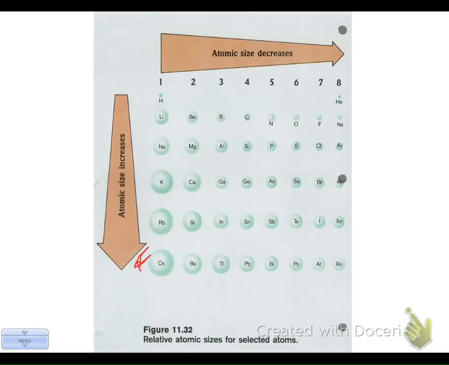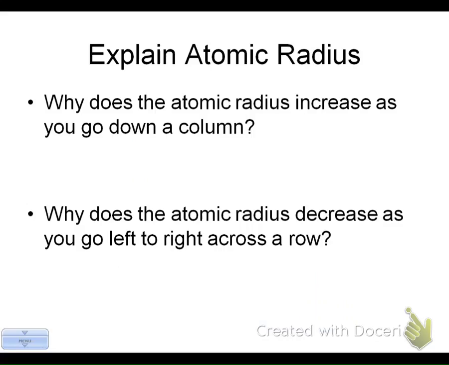Well, the question now is why? Why does it happen this way? So here are the big questions in regards to atomic radius. Number one, why does the atomic radius increase as you go down a column? That question isn't as complex as you might think. It's a very simple answer, in my opinion.